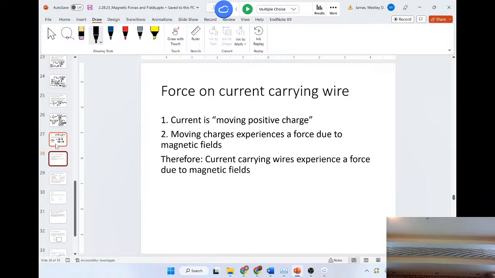Remember, the reality is that it's actually electrons in those wires moving, but someone in the past defined positive charges as the ones moving. And so if you can find the direction that a positive charge will experience a force in the magnetic field, it's the exact same process for a current carrying wire. The equation will look slightly different, but this is just a small step from what we just learned.